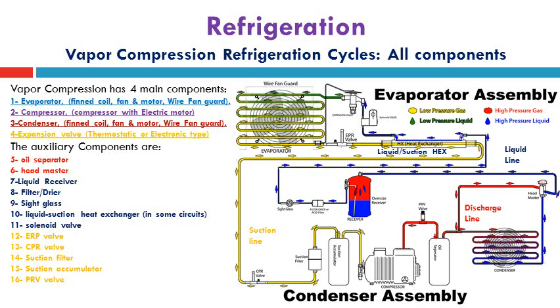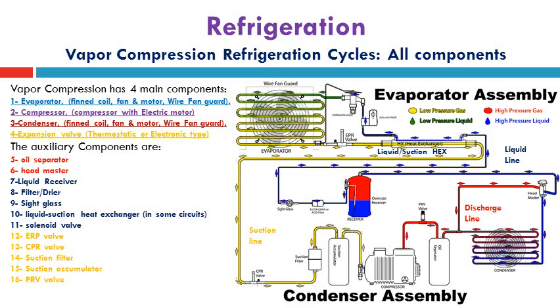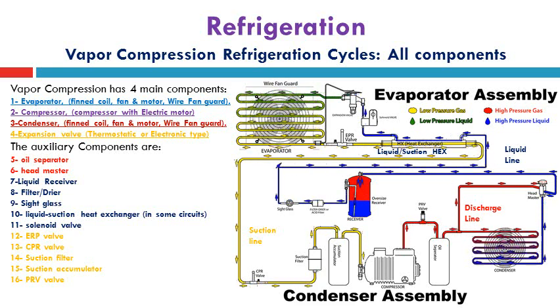However, the suction line, which carries the vapor from the exit of the evaporator to the suction of the compressor, is shown in yellow. And finally, the discharge line, which connects the discharge of the compressor to the entrance of the condenser, is shown in red. These colors are actually used in real cycles to identify each line and its function.